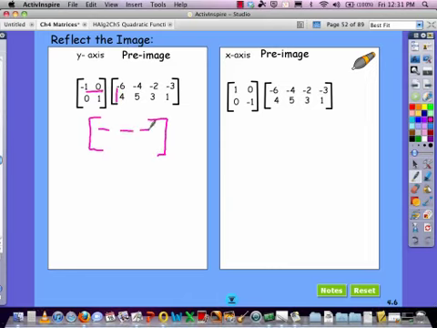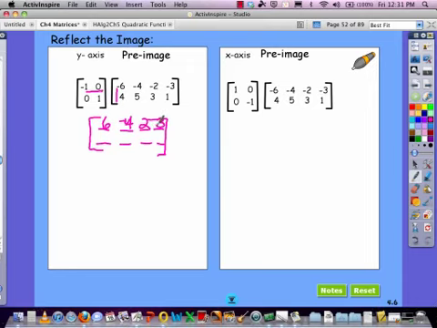We've got 4 slots. -1 times -6, 0 times 4, added together is 6. -1 times -4 and 0 times 5 is a positive 4. -1 times -2 and 0 times 3 is a 2. -1 times -3 plus 0 times 1 is a 3.